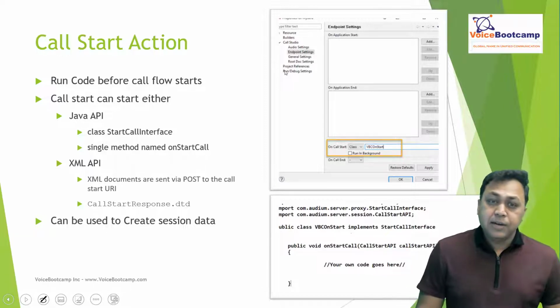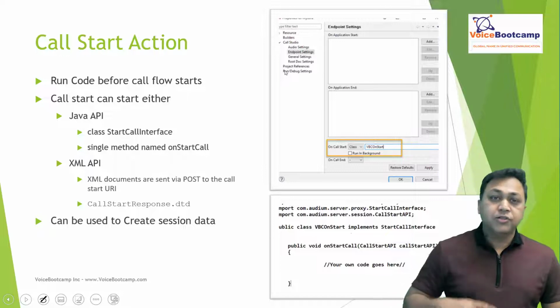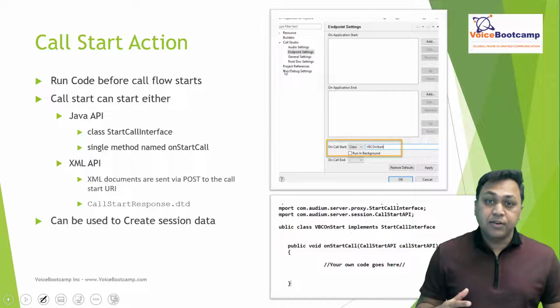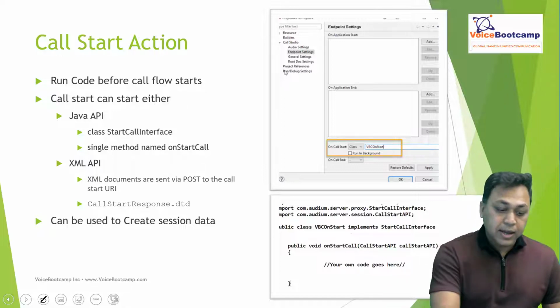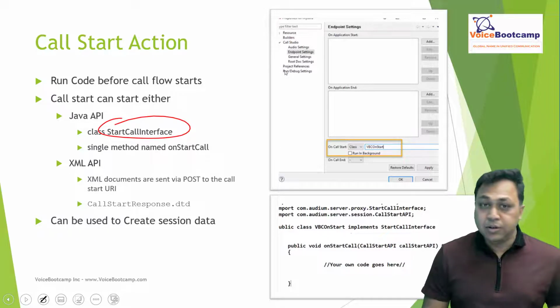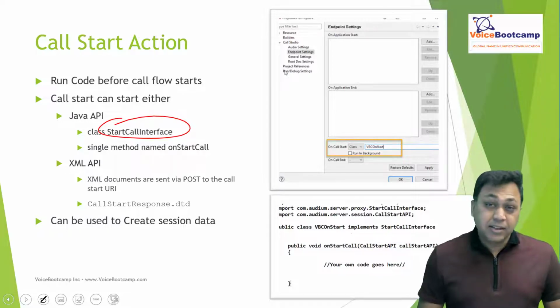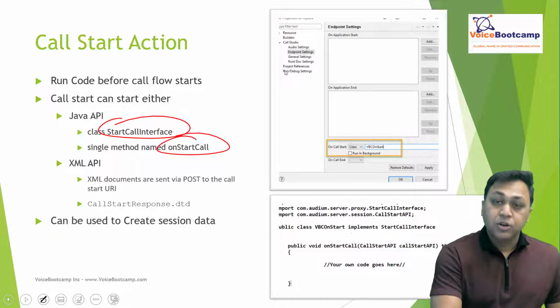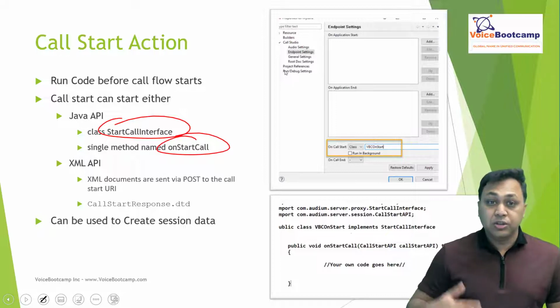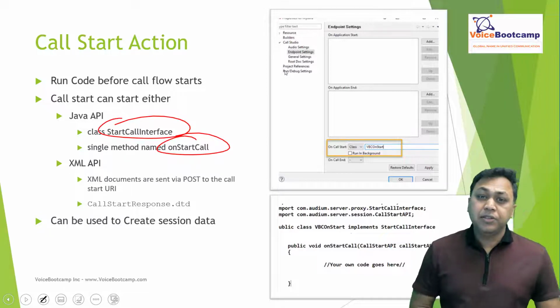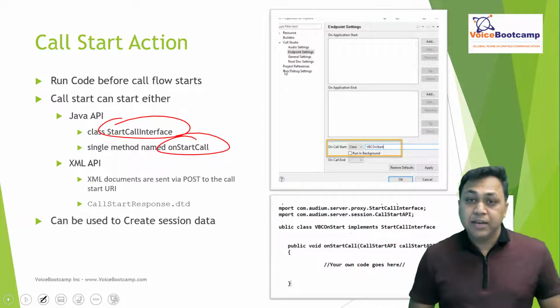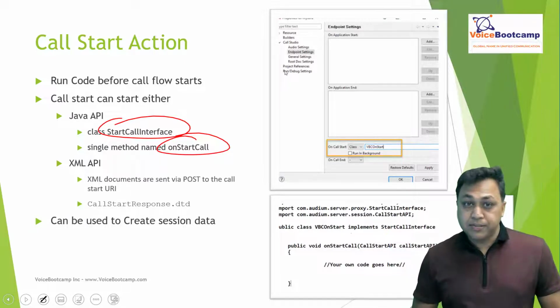Now the Java API: the call start action is built into Java by implementing a class known as the start call interface. It contains a single method called onStart, which allows you to execute the call start class. This method receives a single argument, an instance of the call start API.